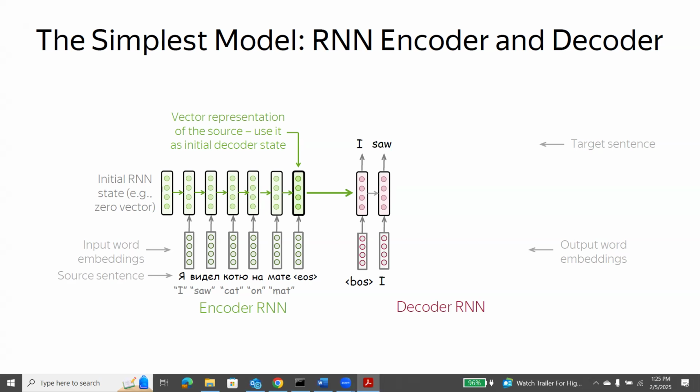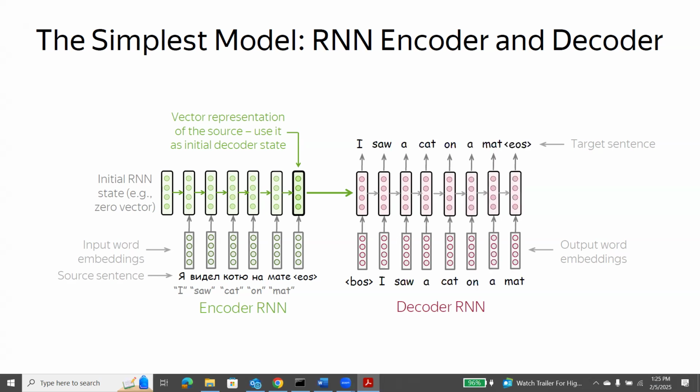So we will use this token as input, and so on. So this is how it works on inference. And we stop when we reach end of sentence.